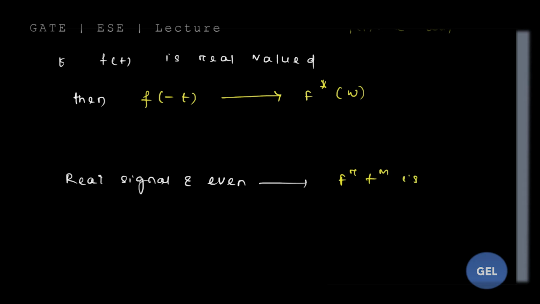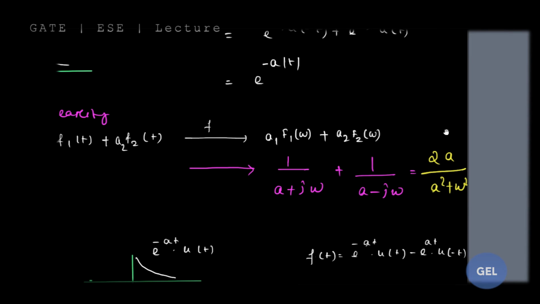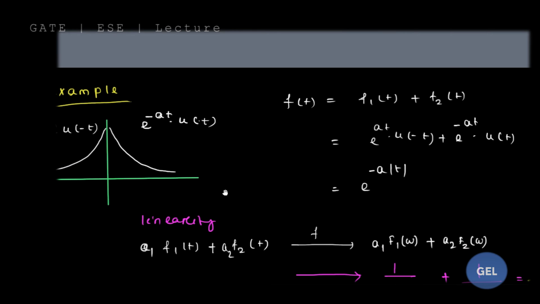Fourier transform is real. It will never ever have any complex or imaginary quantity. This is the part of a property that I have discussed with you in the property table. Okay, you can look here, we got a real value here, as it is real and even.